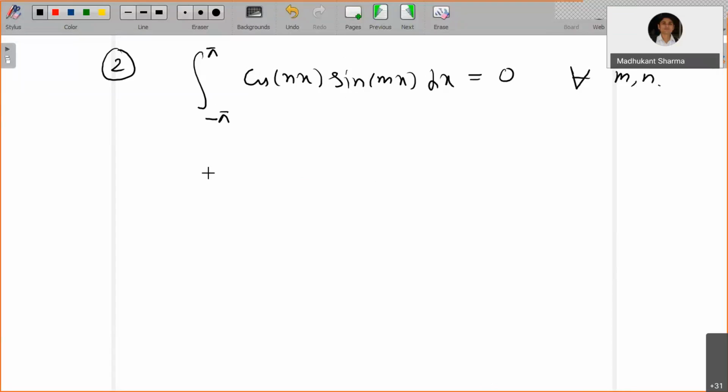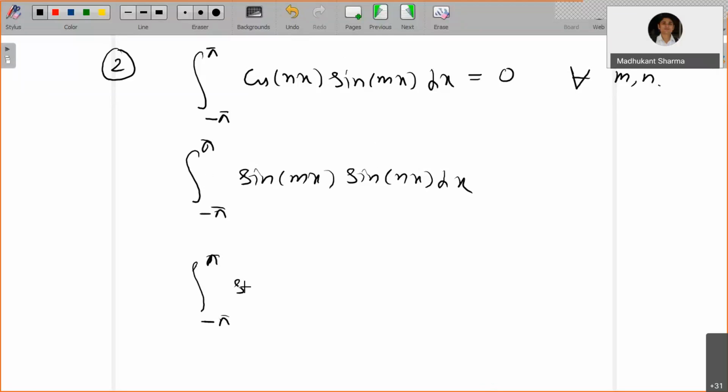Now the integral from minus pi to pi of sin mx sin nx dx, and you have another integral, minus pi to pi of cos mx into cos nx dx.